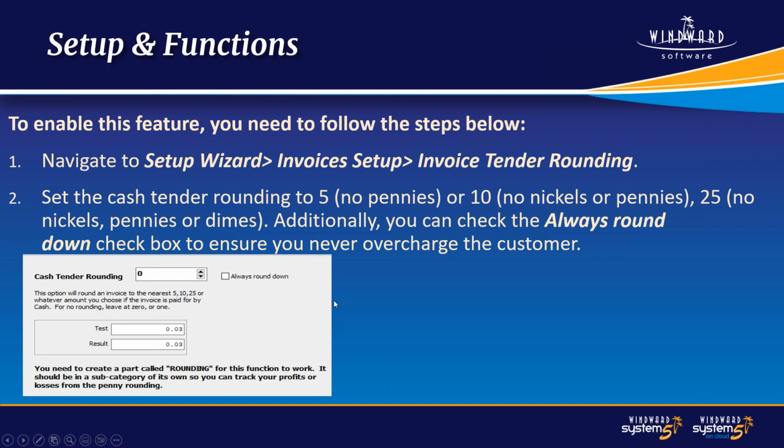Additionally, you can check the always round down checkbox to ensure you never overcharge the customer. This is the screen where you can set the rounding that you want. It's either 5, 10, 25, or whatever number you want to set.